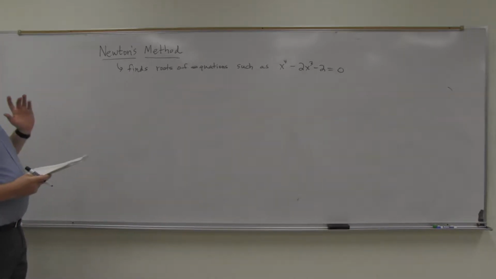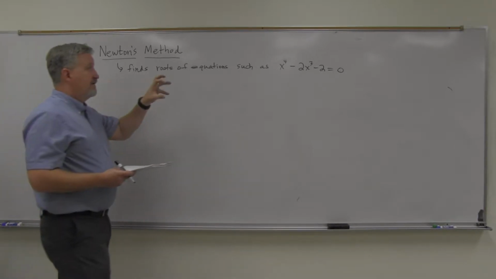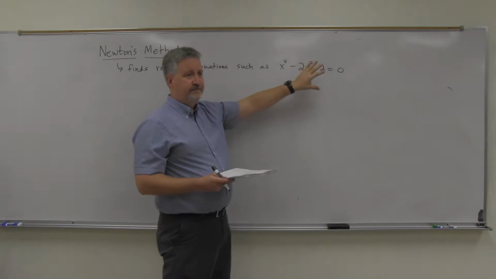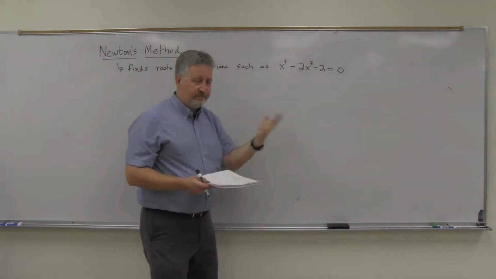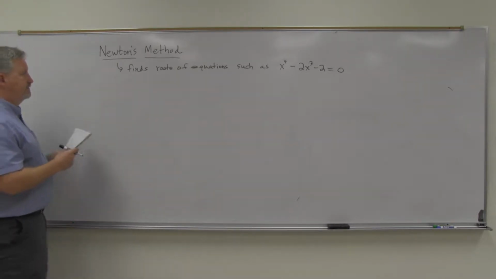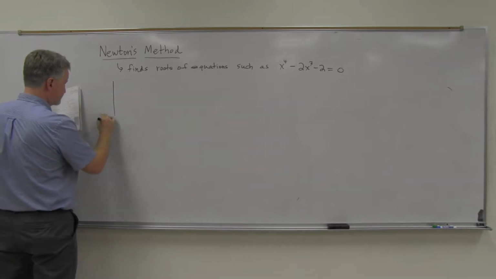Now, here's what this amounts to. If I graphed this as my function, we'll do that one in just a second, but let's talk about Newton's method in a generic sense.